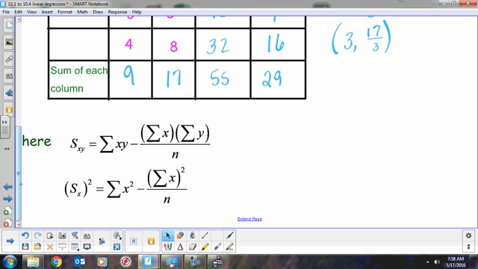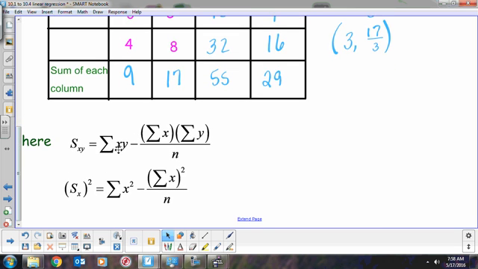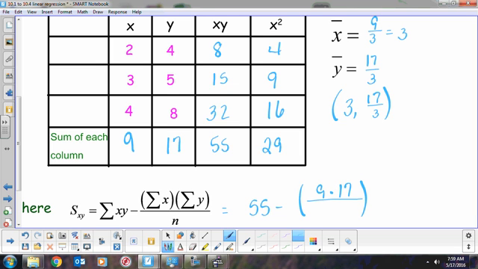So what we're going to do now is compute our Sxy. Do I have the sum of my x times y? What's the sum of my x times y's? 55. From that, I'm going to subtract the sum of the x's times the sum of the y's divided by how many numbers we have.